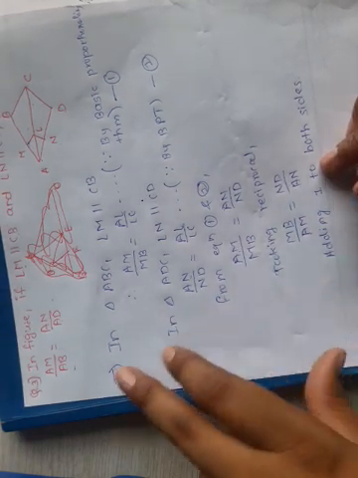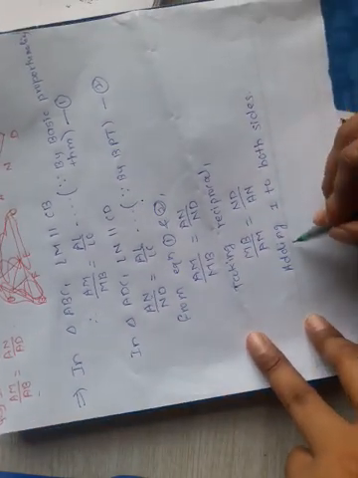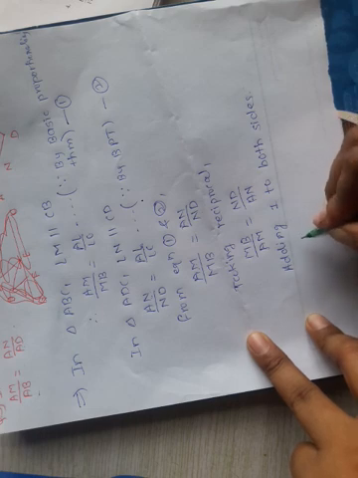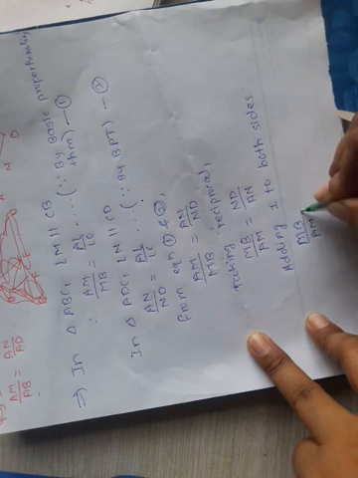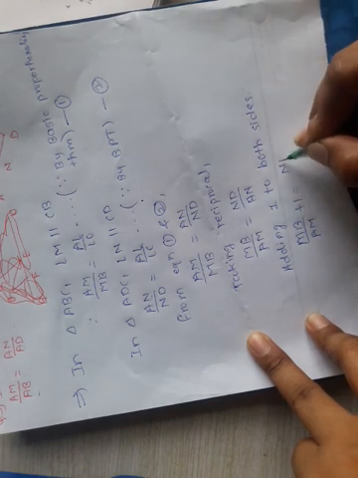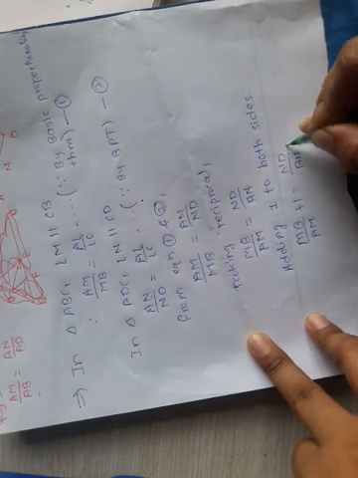After adding we get this AB. See how: adding 1 to both sides we get MB upon AM plus 1 is equal to ND upon AN plus 1.